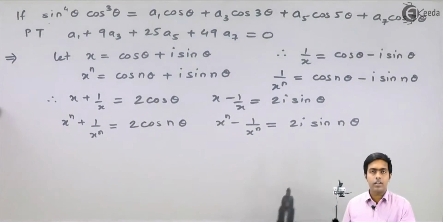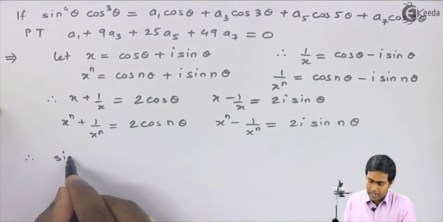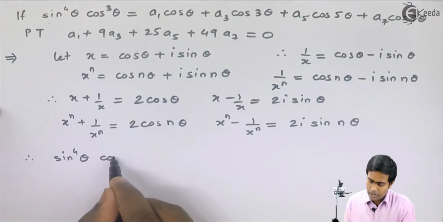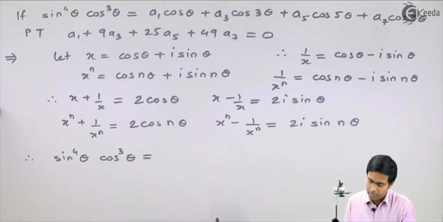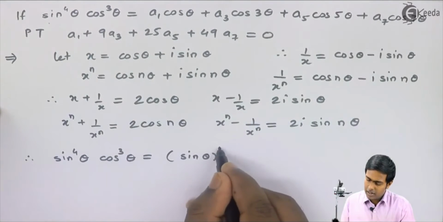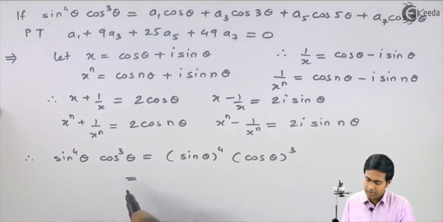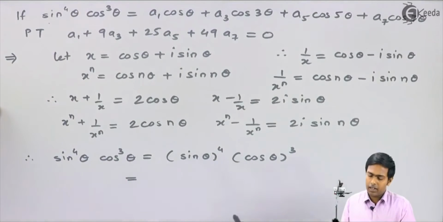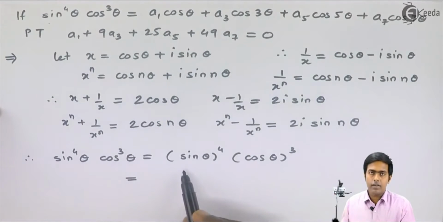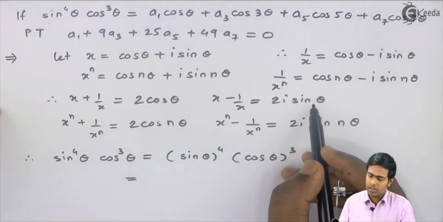Now let's start with the given result. In the given result, our left hand side is sin⁴θ cos³θ. Now we can write this as (sin θ) raised to 4 and (cos θ) raised to 3. To find sin θ, we will use this result.